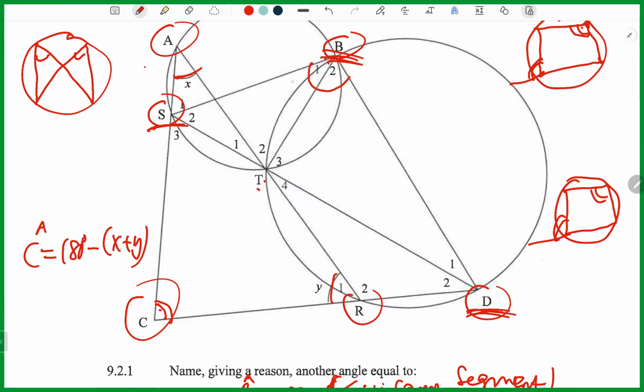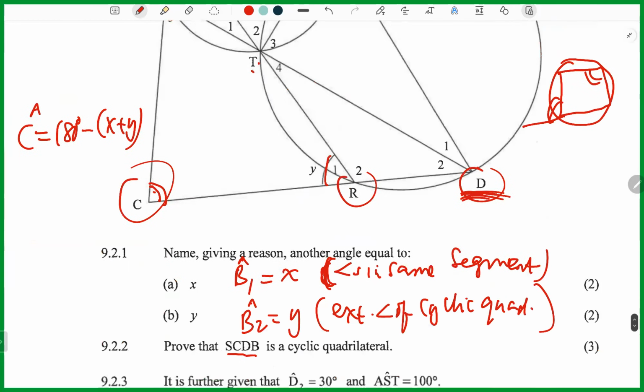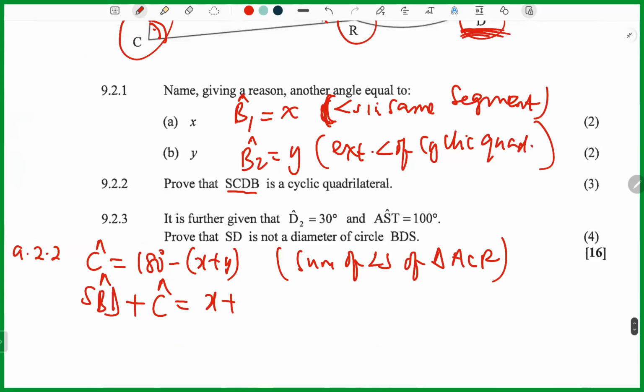We saw that it is X, and we saw that B2 is Y. So the angle SBD is equal to X plus Y. Then we add angle C, which is 180 degrees minus X plus Y.